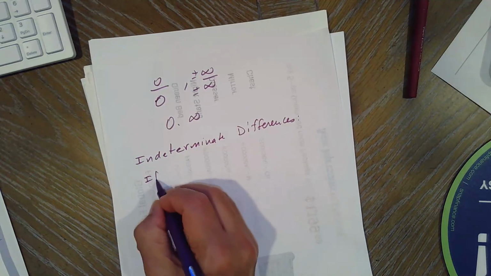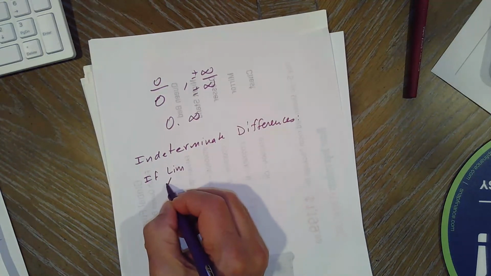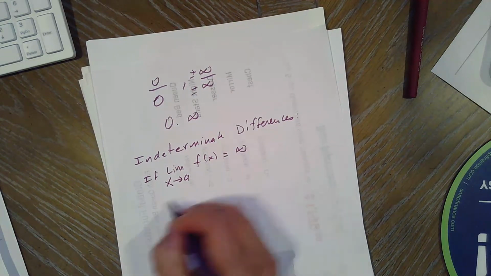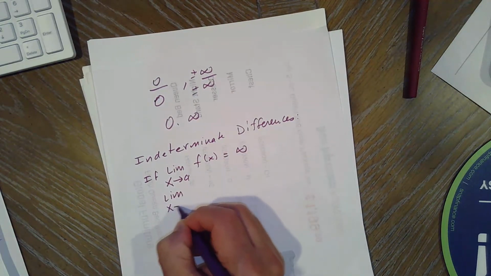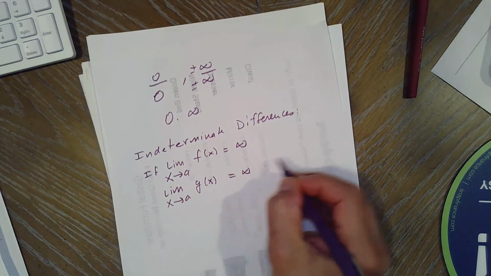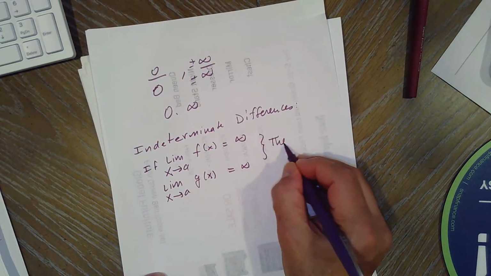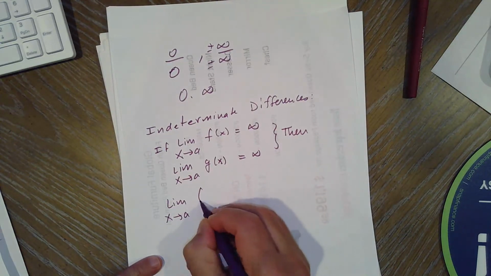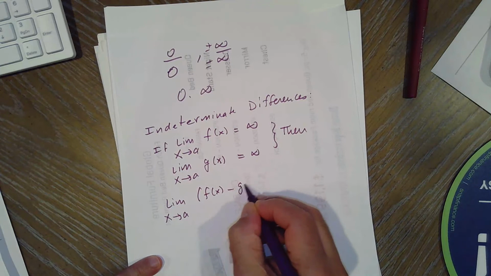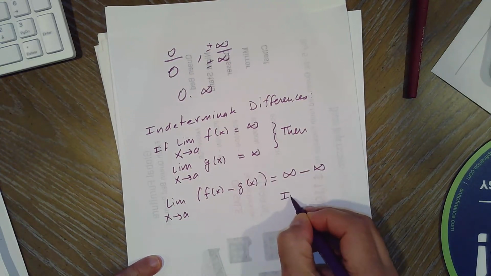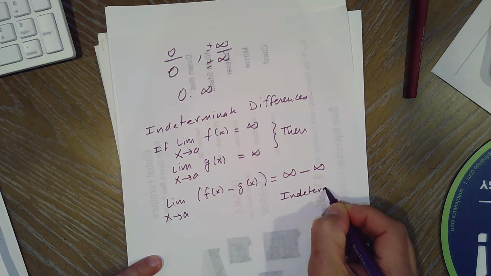So if the limit as x goes to a, f of x equals infinity, and the limit as x goes to a, g of x equals infinity, then the limit as x goes to a, f of x minus g of x, infinity minus infinity, which is indeterminate.